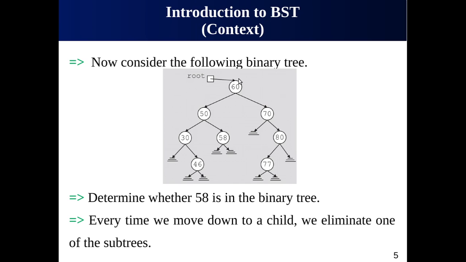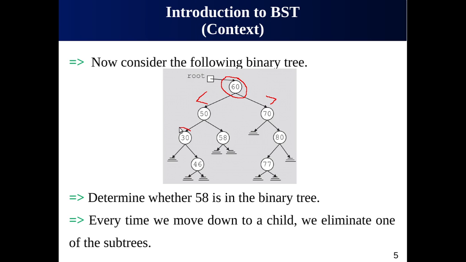Take an example of this node. This value is greater than the left subtree and smaller than the right subtree. Or in other words, you can say that the left subtree is less than the root while the right subtree is greater than the root node. 50 is less than 60 while 70 is greater than 60.